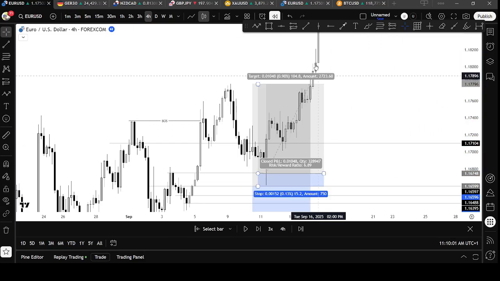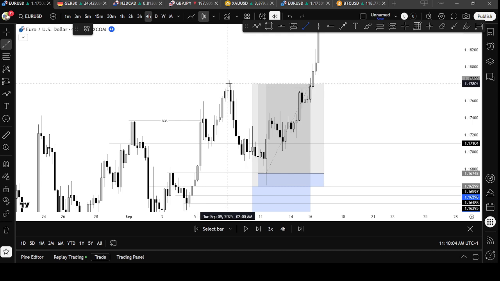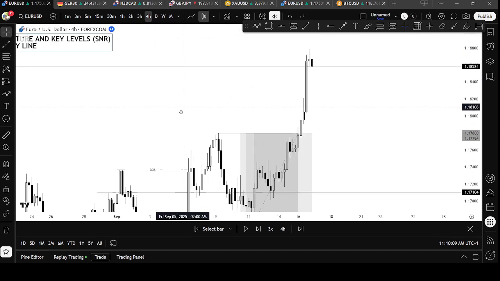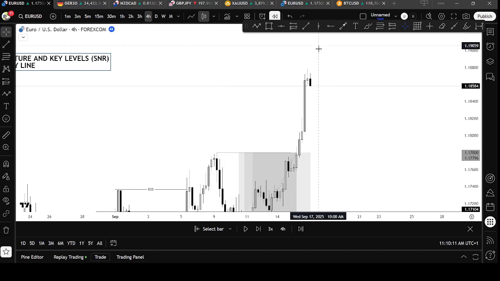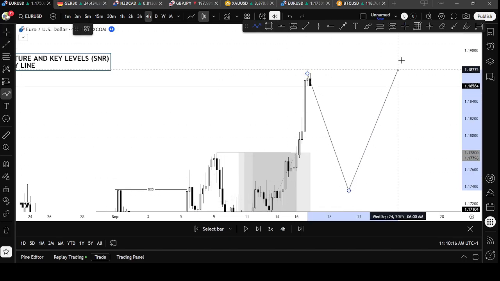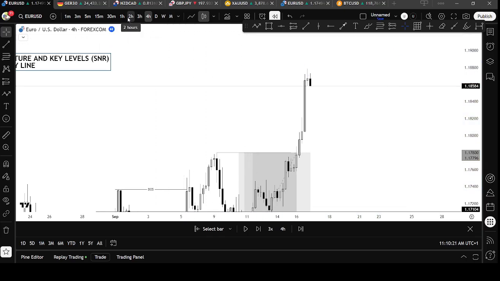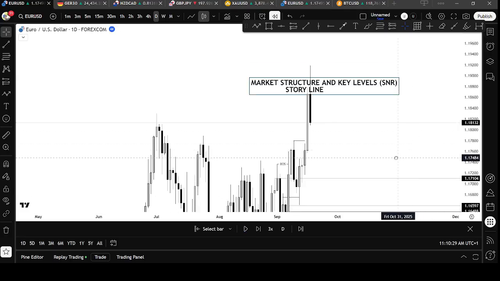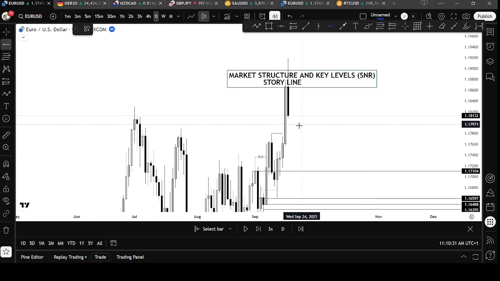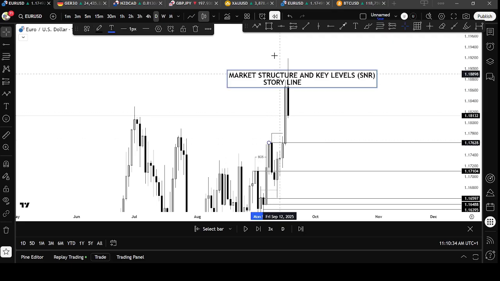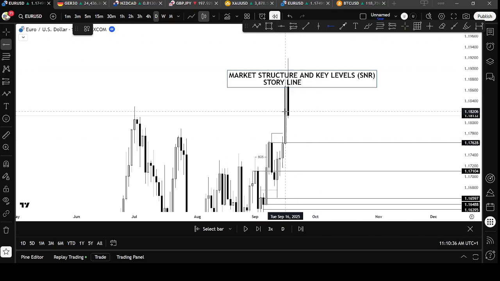So we have another break of structure here now. I'm expecting a reversal. I'm expecting this price to come back like this and break on a normal market structure sense. So what will I do? I'll just go up to my daily time frame and look for a key level here, this A shape.